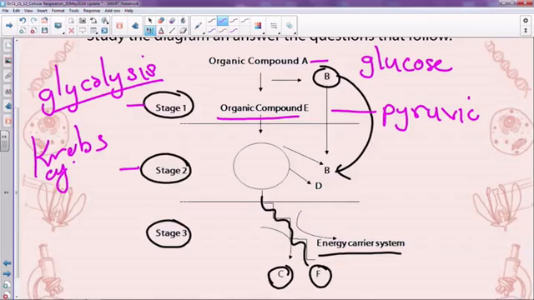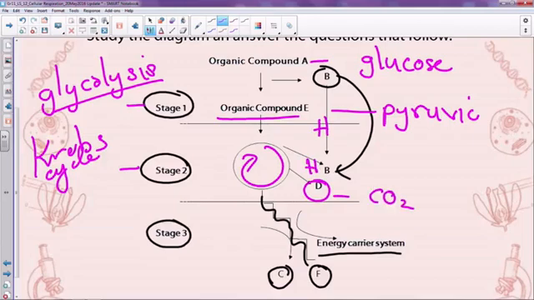The Krebs cycle is basically a series of events in which the pyruvic acid undergoes further breakdown. And both of these produce, firstly, the hydrogen atoms coming here, and these further produce more hydrogen atoms, and we also get the carbon dioxide that is produced.